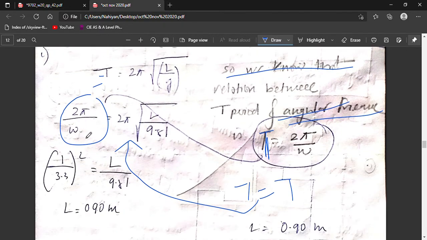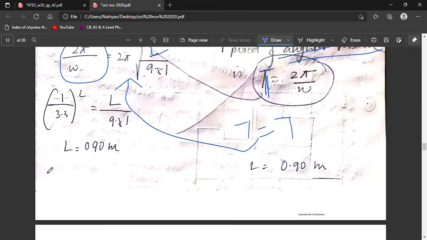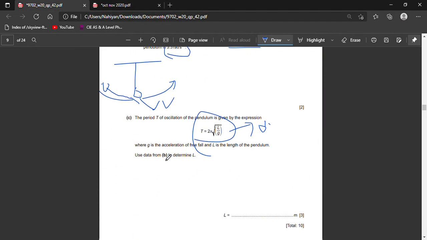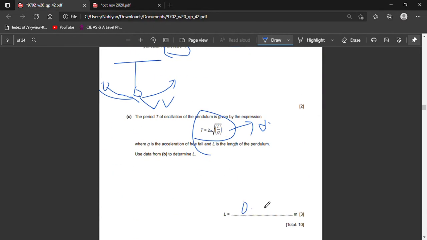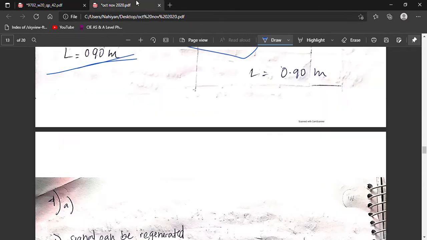We know the pi value and we got the time, and now all we need to know is the L. So the L comes out to be 0.990 meters.